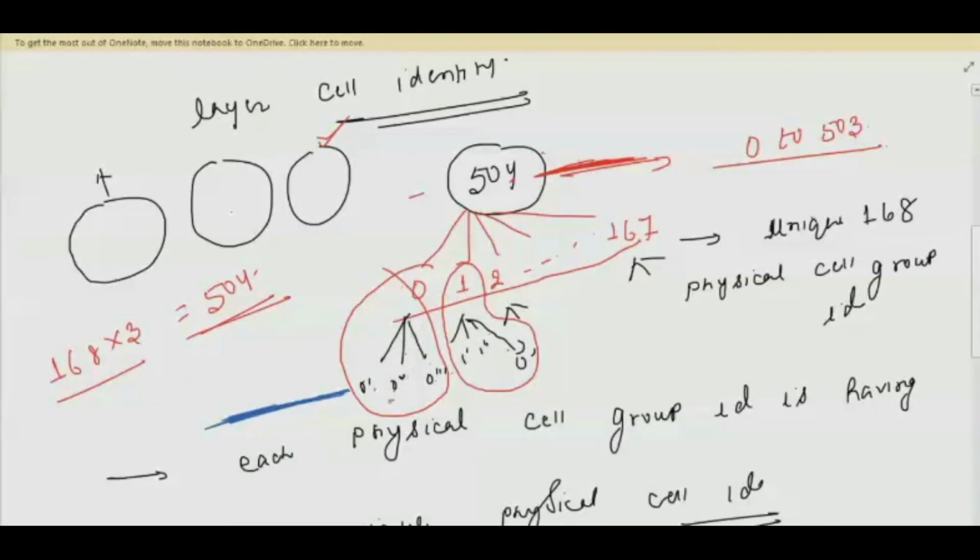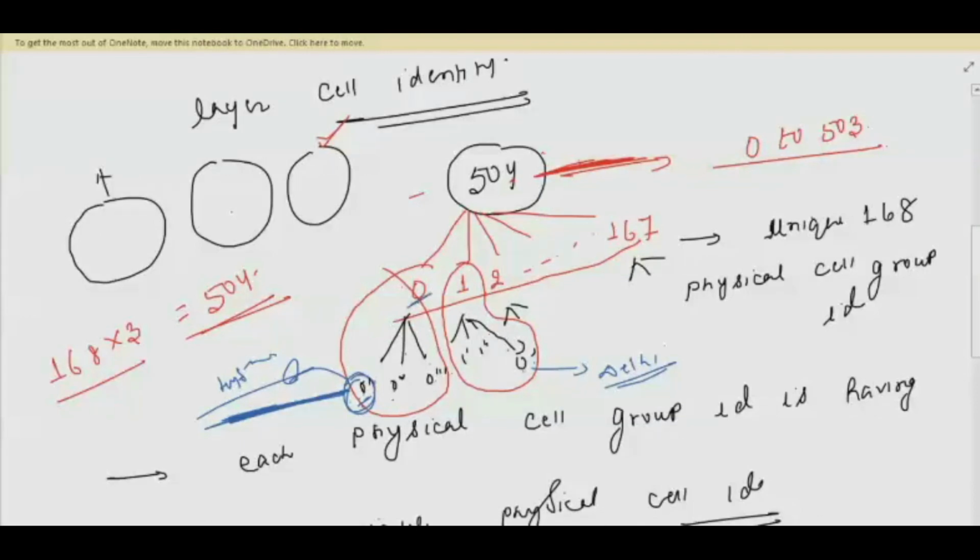For example, suppose here you have 0, this location may be in Hyderabad, and this 0 may be in Delhi. If your mobile reads only the cell ID, both are the same and it will get confused. Physically it is a different location, but the cell ID is the same. So to understand the difference between these two 0s, they find which group each belongs to.